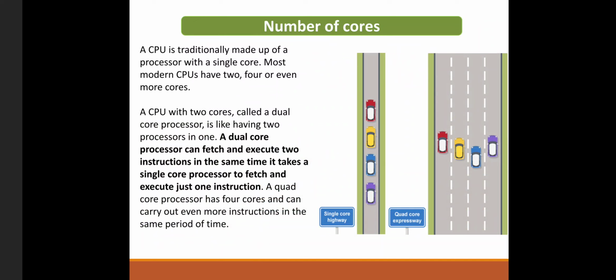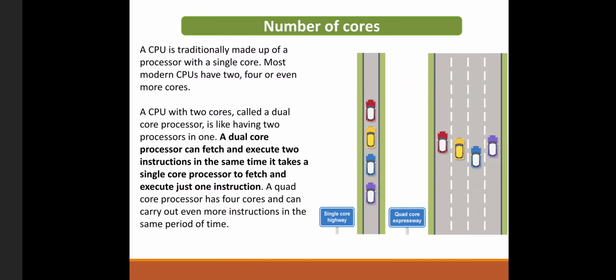A CPU is traditionally made up of a processor with one single core. Most modern CPUs have 2 cores, 4 cores, or even more. A CPU with 2 cores, called a dual core processor, is like having two processors in one.